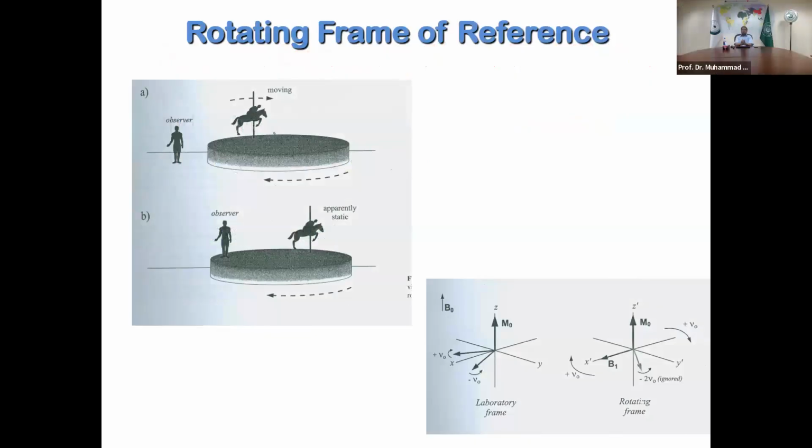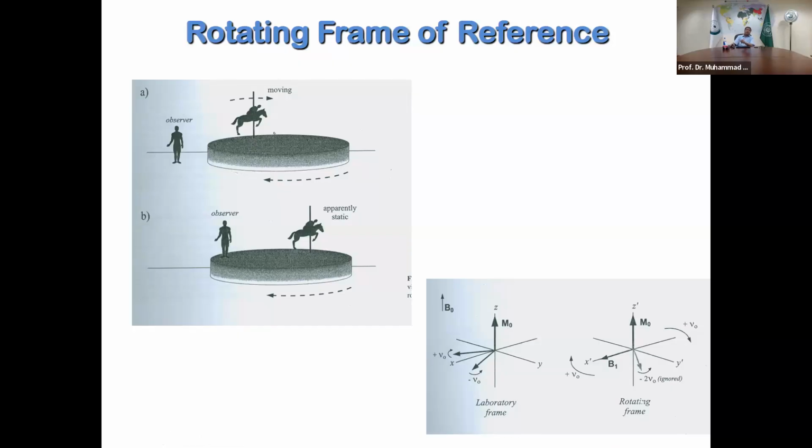Okay. Now we come to a very, very interesting concept, and it's called the rotating frame of reference. You give a 90 degree pulse and then bring the magnetization vector onto the XY plane, and assume that you have two different types of protons, such as in chloroethane or fluoroethane.